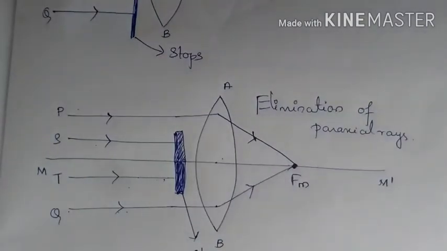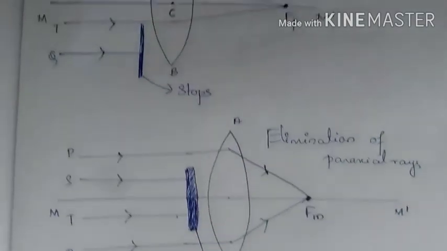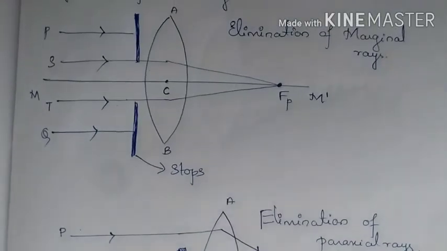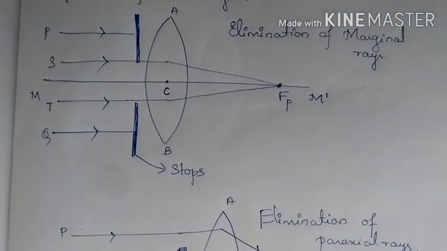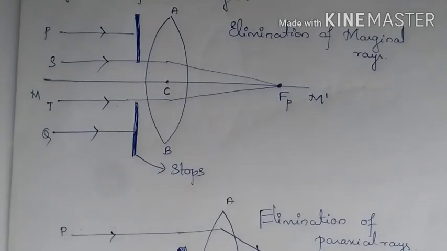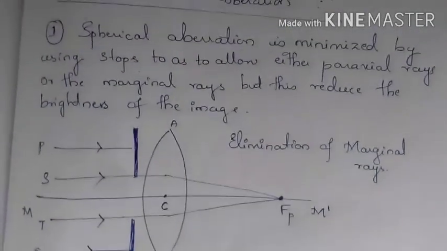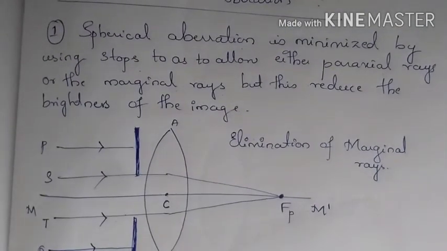Thus, by this elimination process, eliminating any one kind of ray will reduce the spherical aberration. So this is the first method in minimizing the spherical aberration.